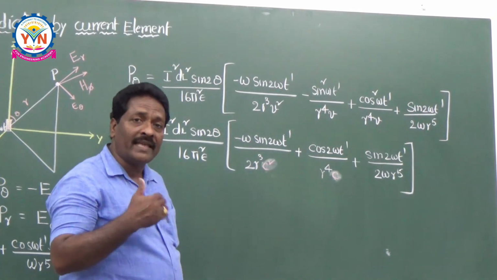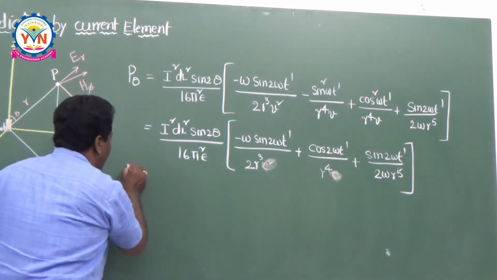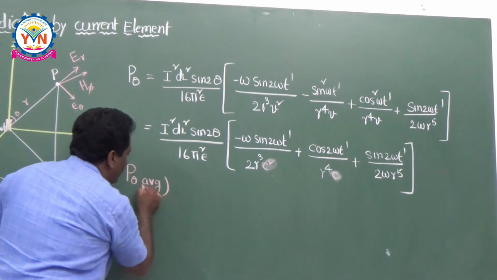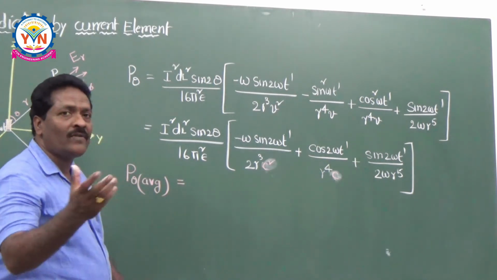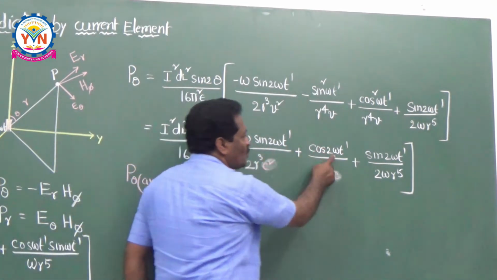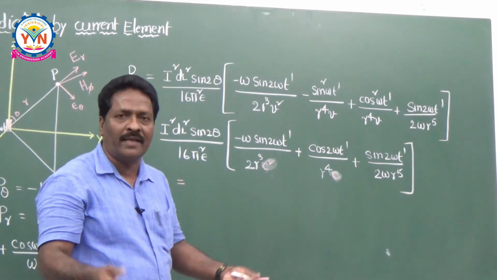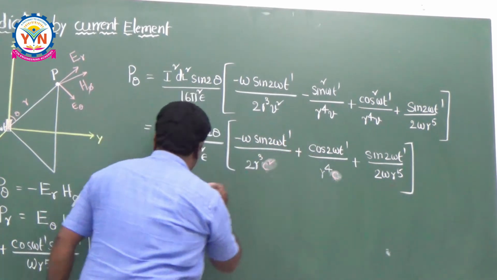But I require the average power. If you want to calculate this average power P theta, averaging this power over one cycle, what is the average value of sin 2 theta or cos 2 theta? Simply, from elementary mathematics, it is equal to 0. Then this entire term will be equal to 0.